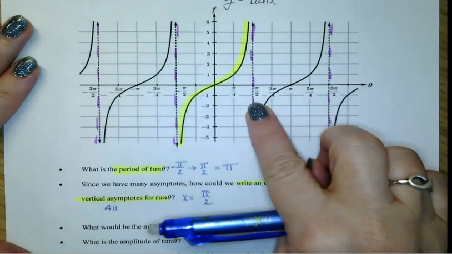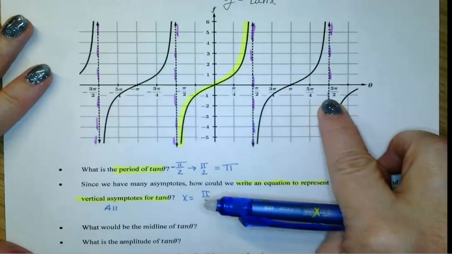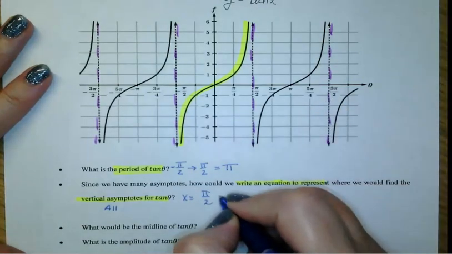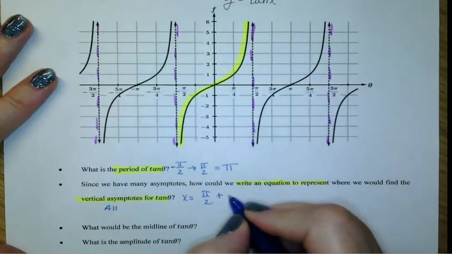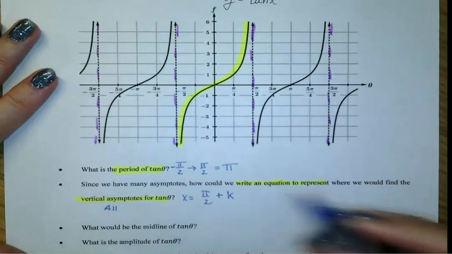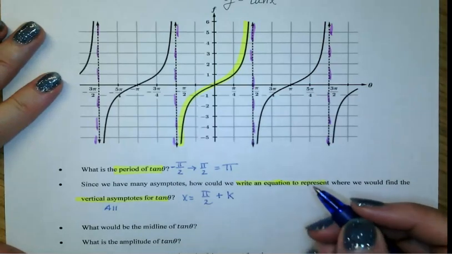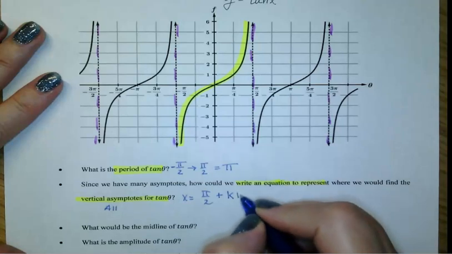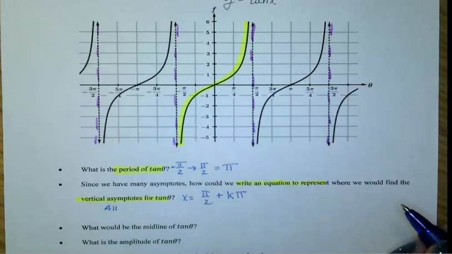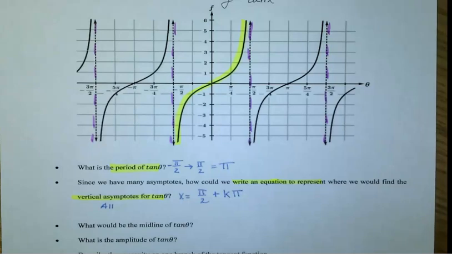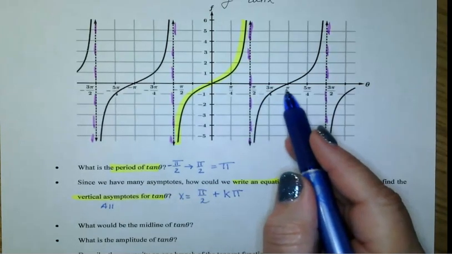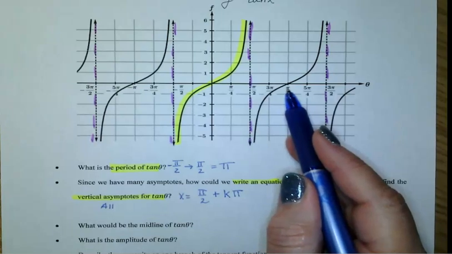But now I want to hop from pi/2 over here to 3 pi/2. So I do that by adding, and the variable that we tend to use is called k, which represents the whole jumps, an integer value. And then how much are we jumping over? Pi. The problem is if k isn't designated as an integer value, then you could hop from here to here and whoops, that's not a vertical asymptote.